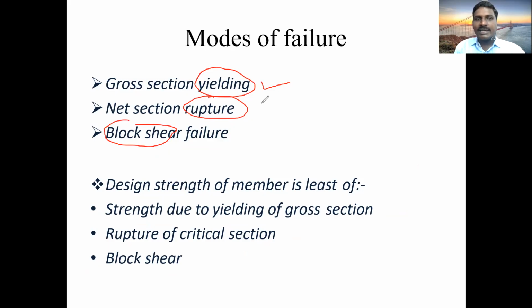If we calculate the strength carried by the member under yielding, under rupture, and under block shear, then similar to bolted connections with shearing, bearing and tensile, whichever is the least strength will be your design strength.